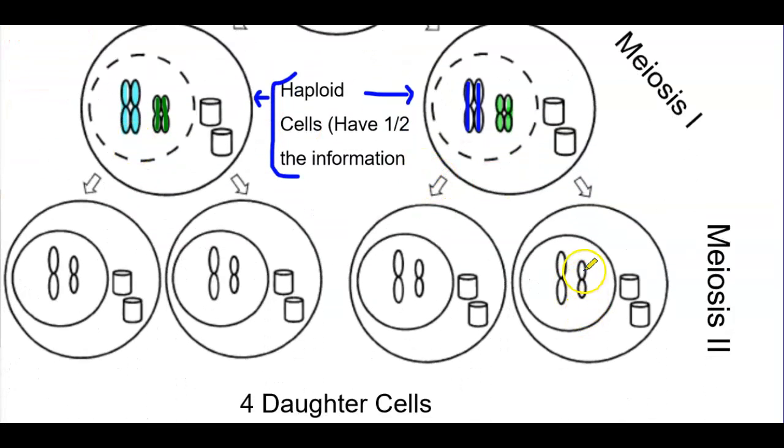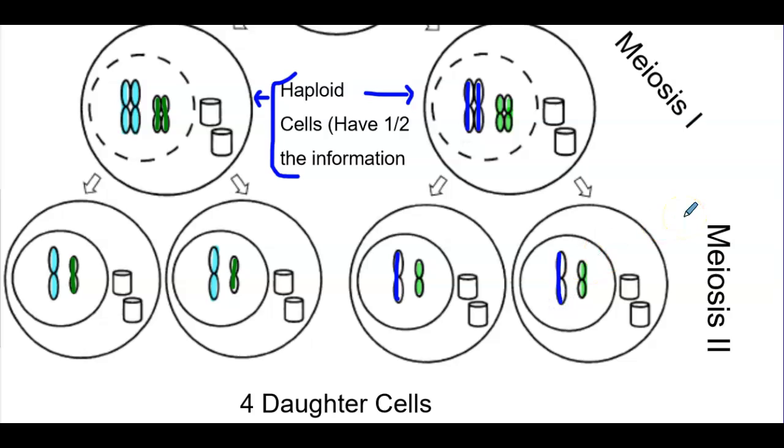So down here, we're going to split apart our light green copies. We will split apart the light blue copies. And we will do the same thing for the green. Our dark green copies will split, and our dark blue over here will split.